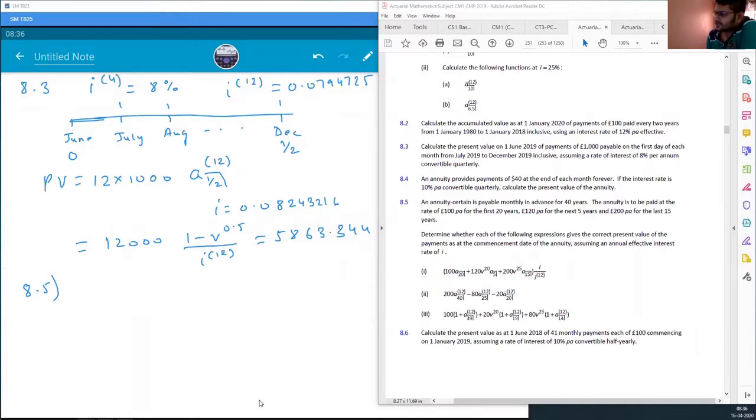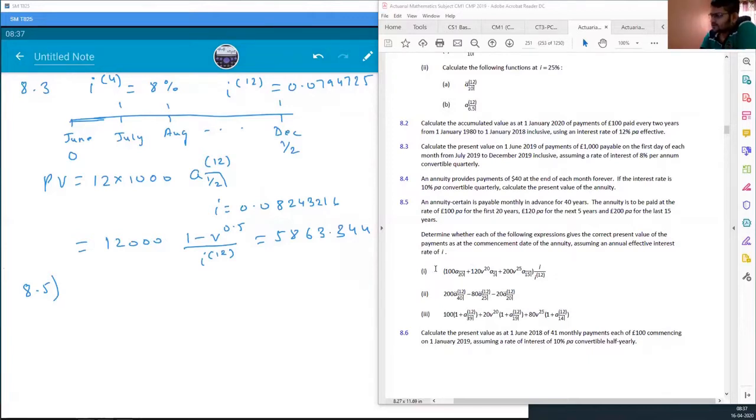Annuity certain payable monthly in advance for 40 years. The annuity is to be paid at a rate of rupees 100 per annum for the first 20 years, 120 per annum for the next 5 years, and 200 per annum for the last 15 years. Determine whether each of the following expressions gives the correct present value of the payments at the commencement date of the annuity, assuming an annual effective interest rate of I. So we just have to check the formula.